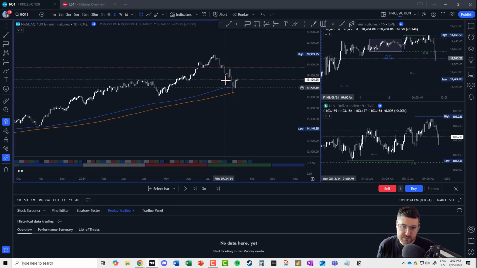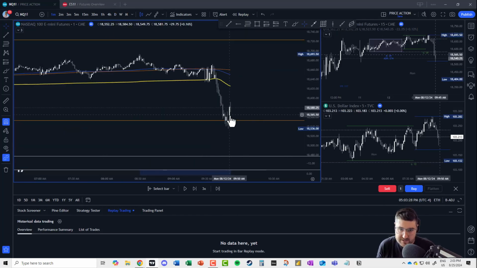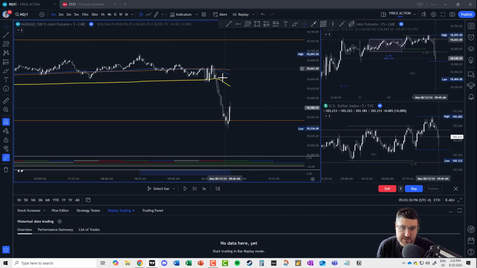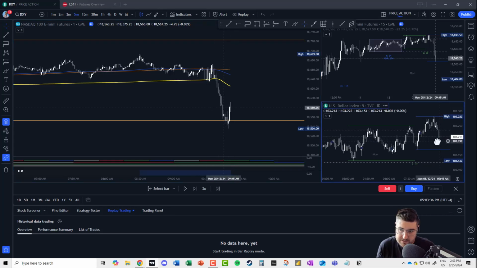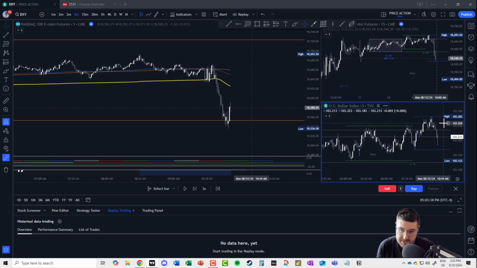So this could be the manipulation to continue up. So go back to the minute and wait for a setup to go long, because overall I believe we're going long. Although look at dollar now. Dollar pulled back up. Maybe this is the one that's going to keep running and this is going to keep on tanking down. So start putting the puzzle pieces in your head as you're going through.